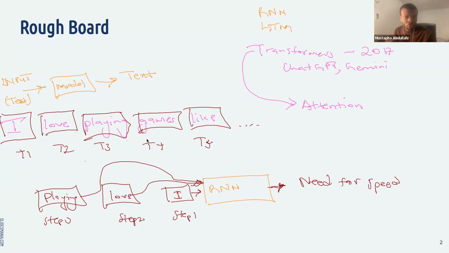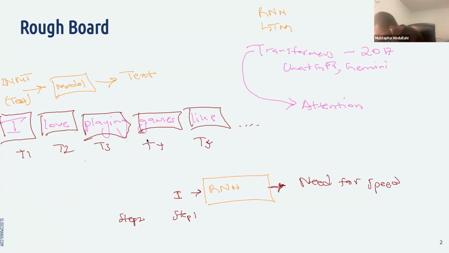Then one improvement came in, which is the attention mechanism. Instead of having these inputs coming one after the other into the model, why not take the input as a whole, so that we can see the relationship between the tokens themselves?